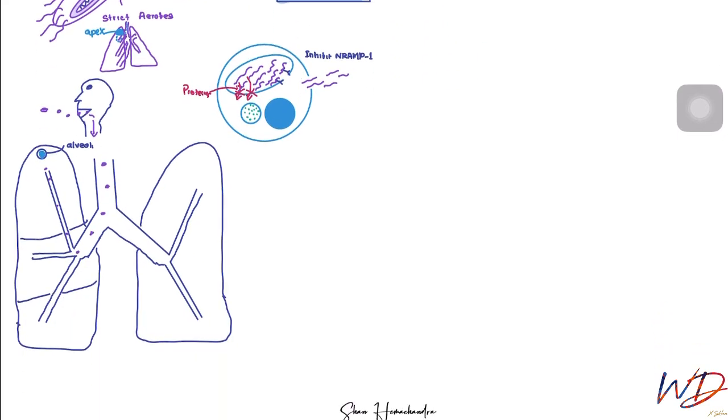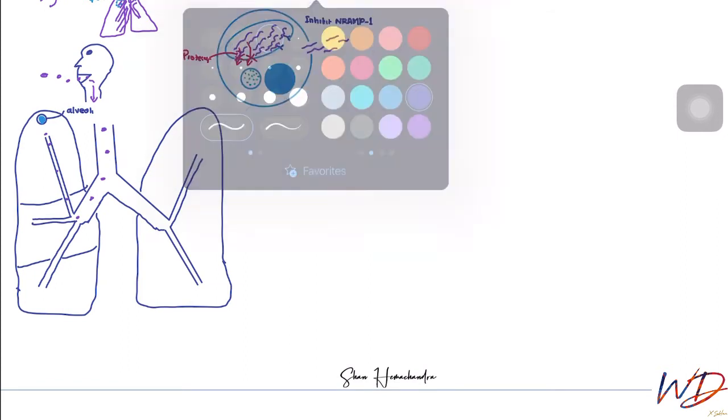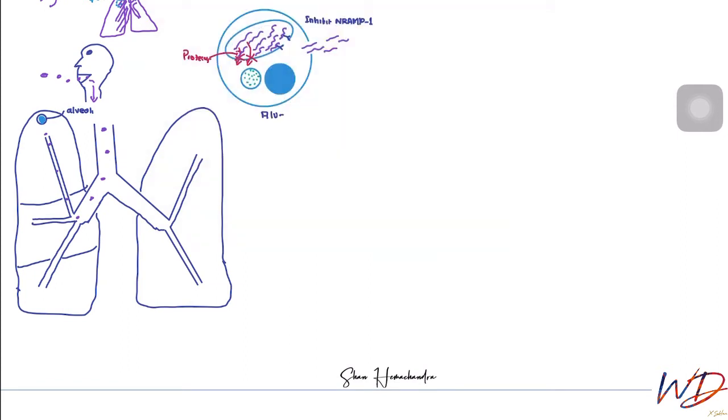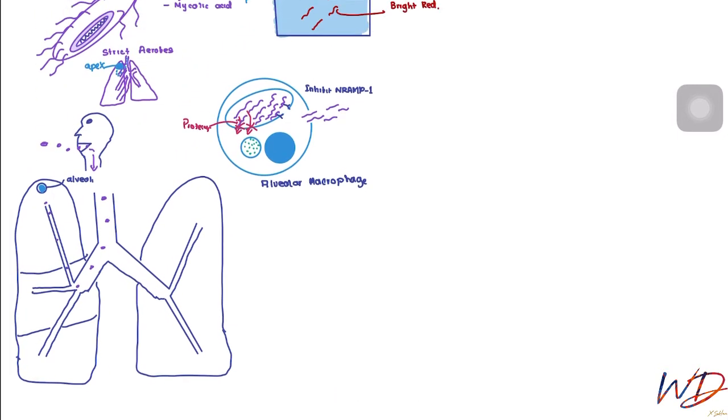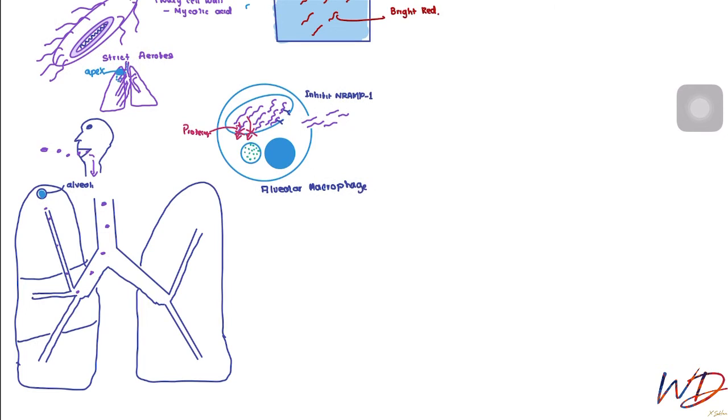So we need to contain this. This is an alveolar macrophage. So they will come out. They can enter into lymph nodes or they can spread along the airway.